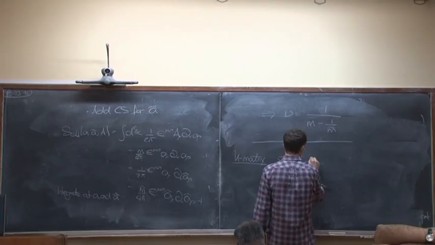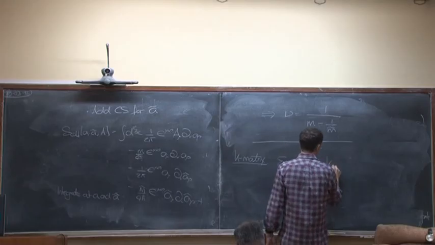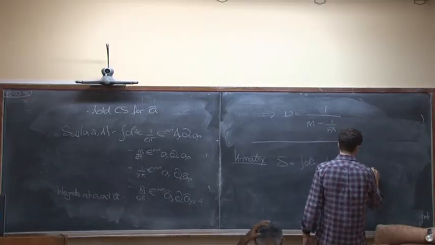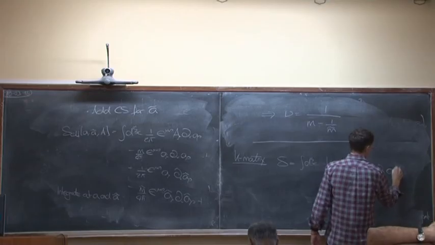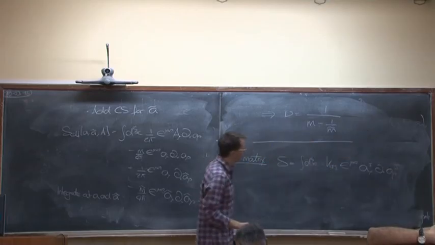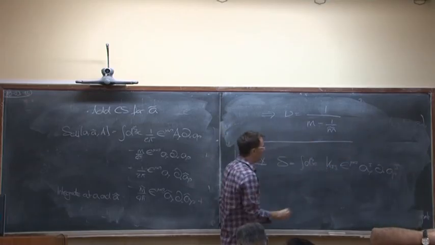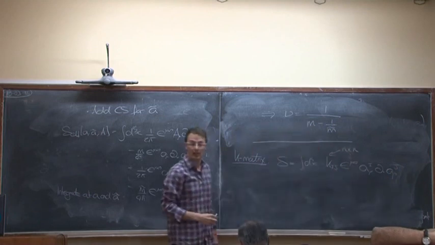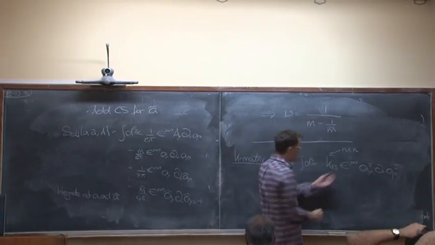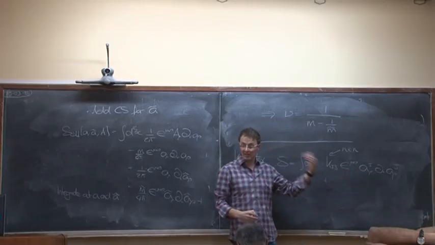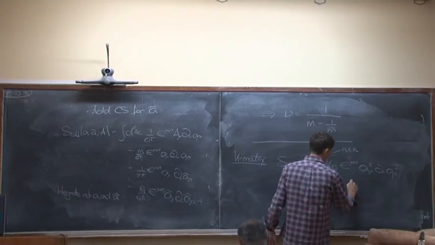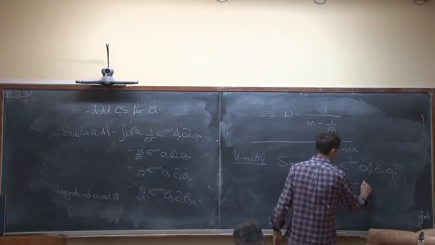Here it is. So there's an n by n matrix. And then you can decide which combination of these you want to think of as the electric current.